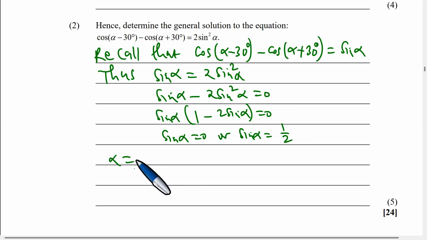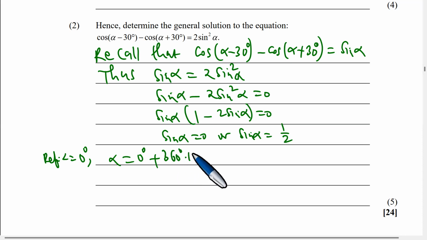So alpha is going to become what? There is a reference angle, which is arc sine 0, and that is 0 degrees. If it's 0, then the answer is the reference angle plus the period of the sine function, which is 360 degrees times k, where k is an element of z.